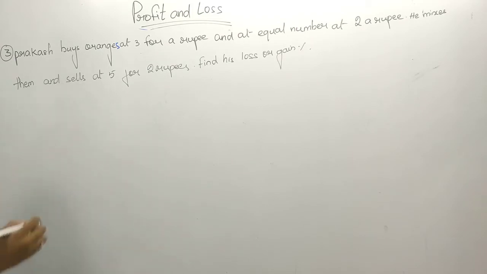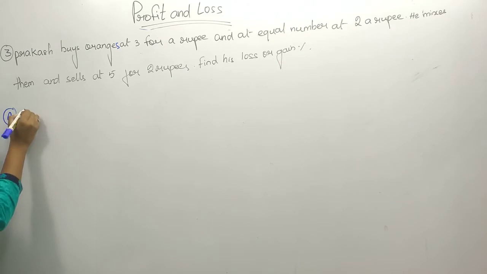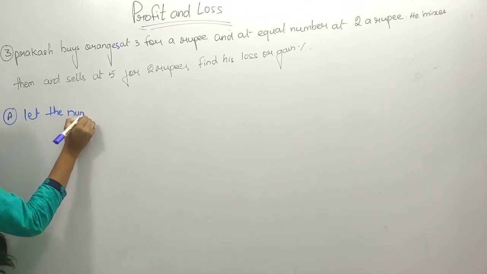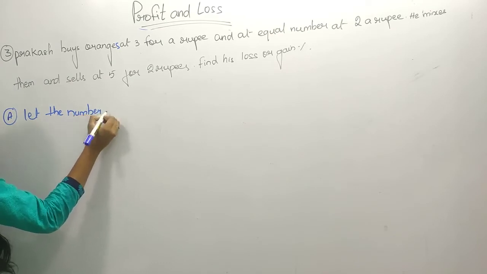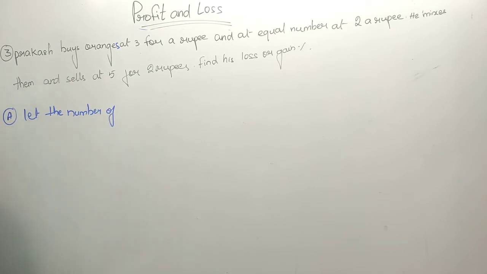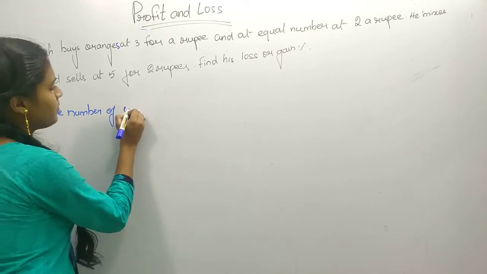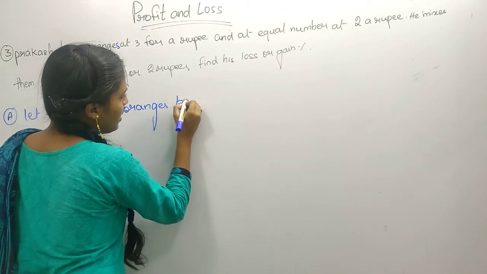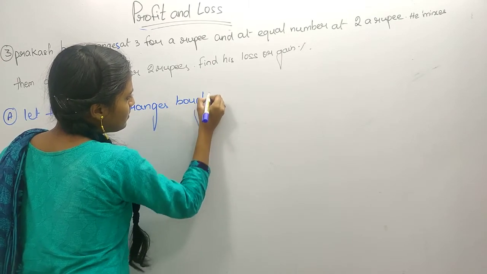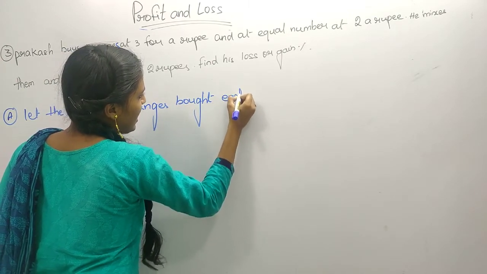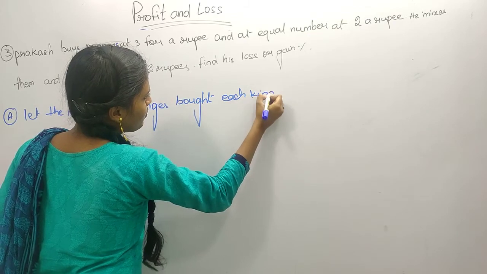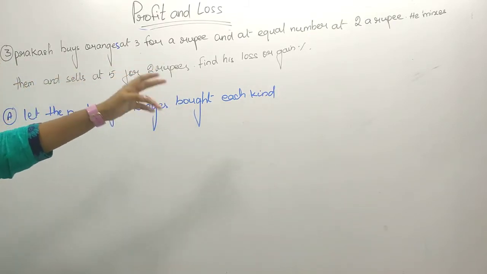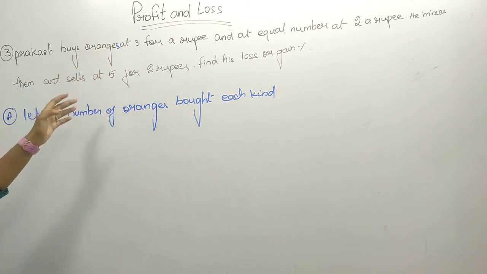Let's solve the problem. Let the number of oranges bought of each kind be such that he bought 2 types of oranges, at 3 for a rupee and at 2 for a rupee, and then sold at 5 for 2 rupees.